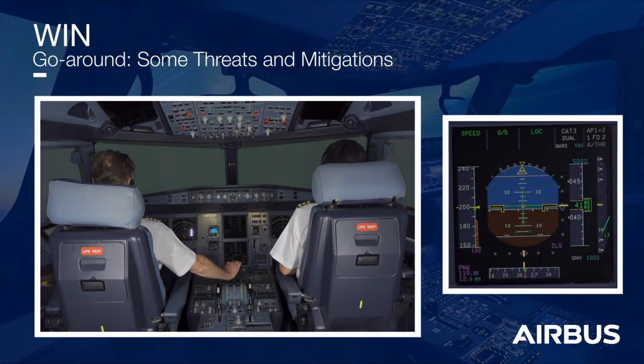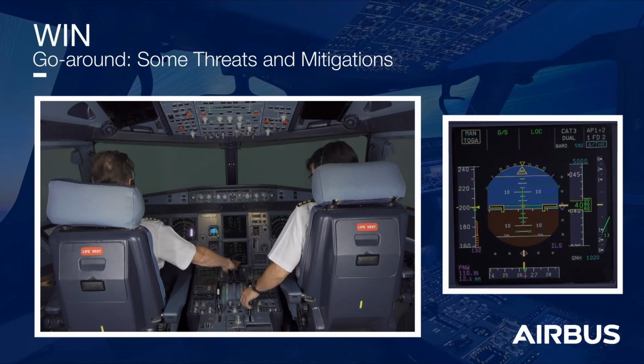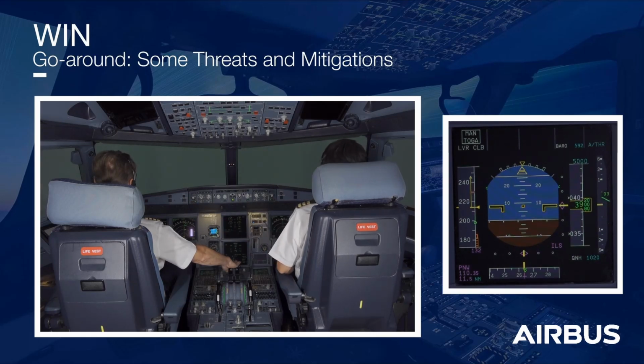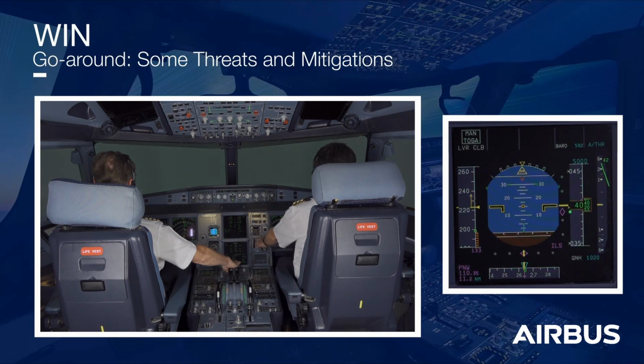Airbus 320, go around. Airbus 320 going around. Go around flaps. Flaps 0. Man TOGA, glide slope lock, auto thrust blue. AP off, FDs off. Positive climb. Gear up. Gear is up. Lever climb.